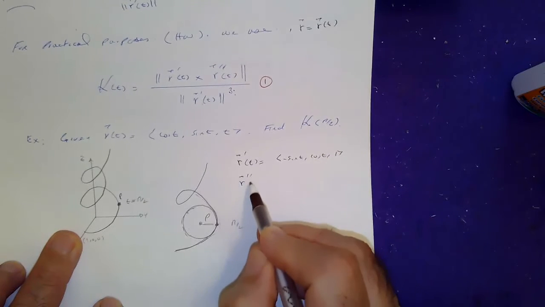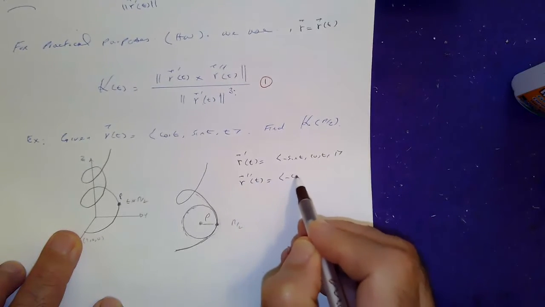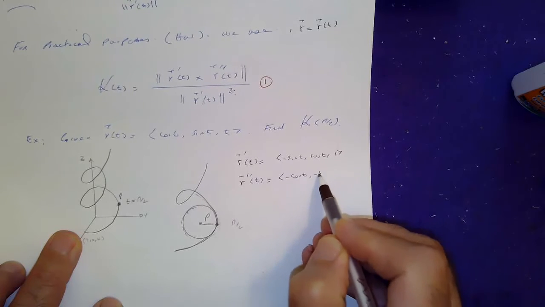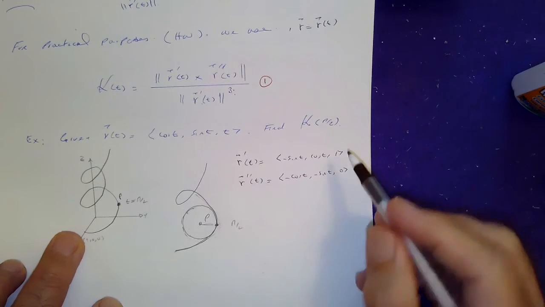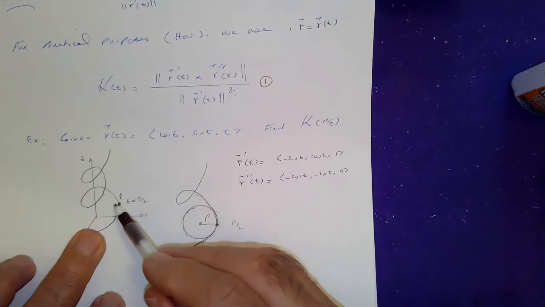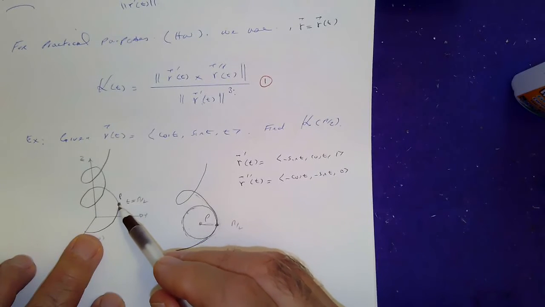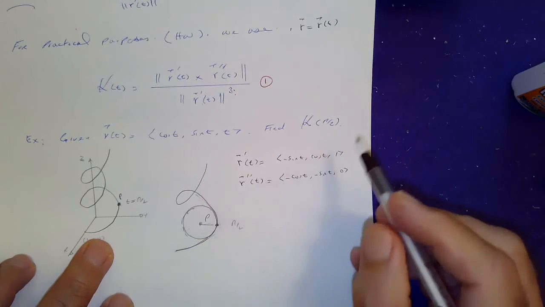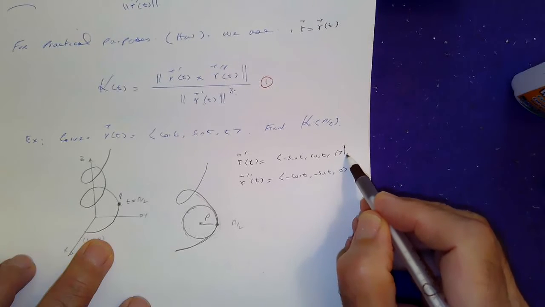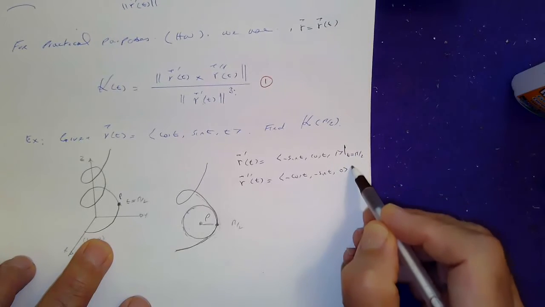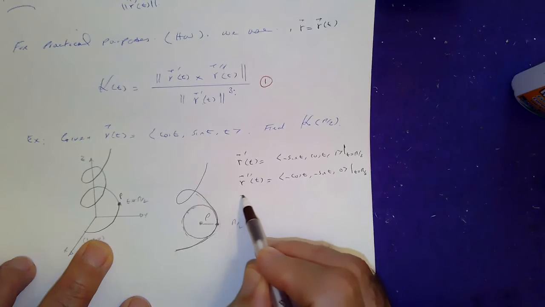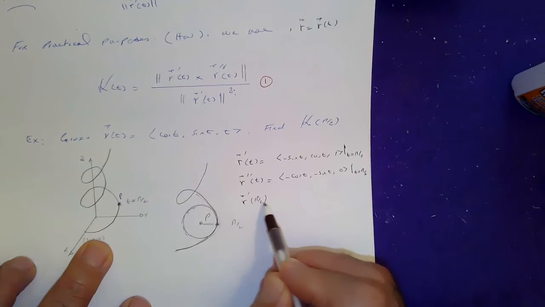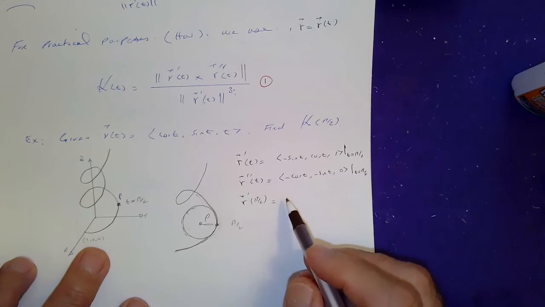And r double prime of t is minus cosine t, minus sine t, and 0. However, because I'm trying to find how much bend I have exactly at point P, I'm going to replace the t's with pi over 2. When I do, I get r prime of pi over 2 equals what?